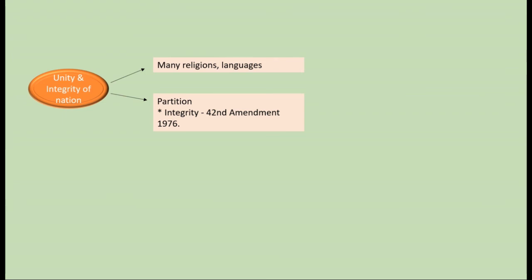To avoid any further divisions, the spirit of solidarity and permanence was essential to make democracy a success. The term unity was embodied since inception. To strengthen the concept of unity, integrity was added by the 42nd Amendment Act 1976.